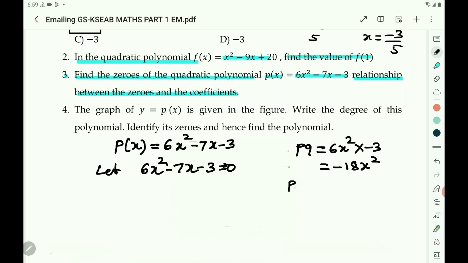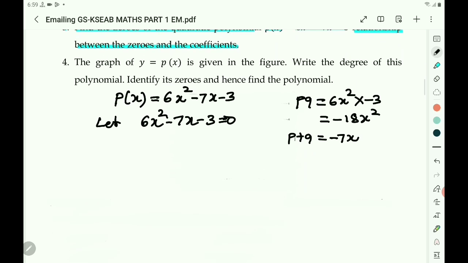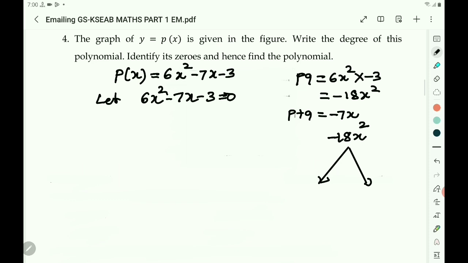Then P plus Q is the middle term, that is −7x. Now, −18x² is to be expressed as a product of two factors in such a way that their sum must be equal to −7x.